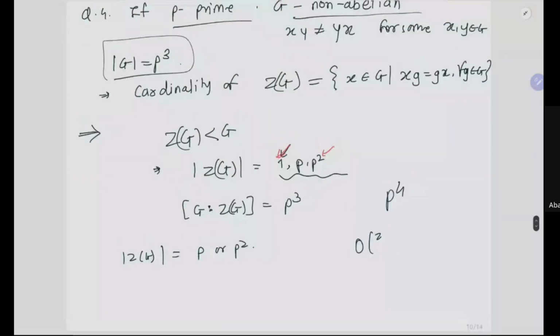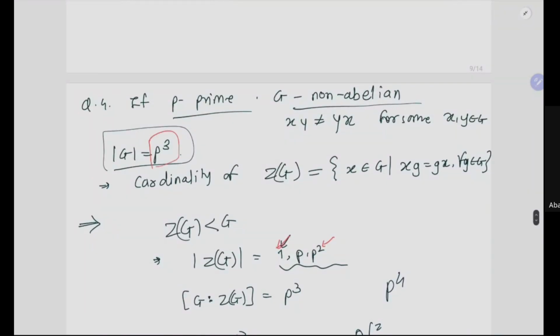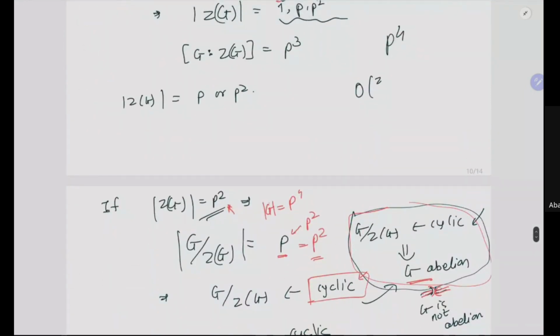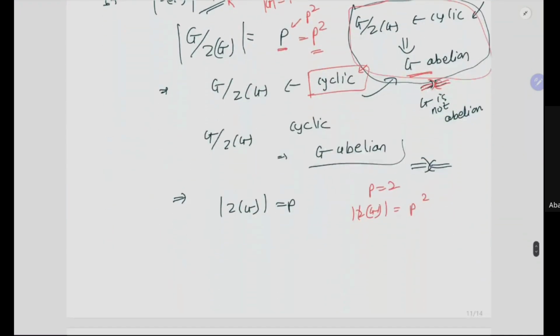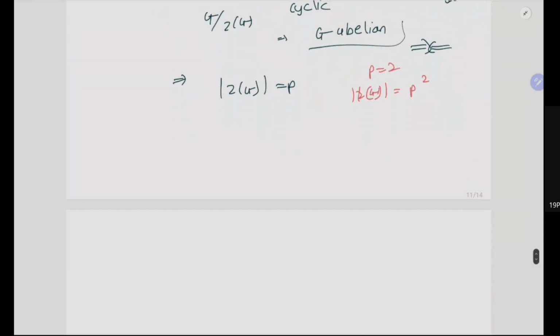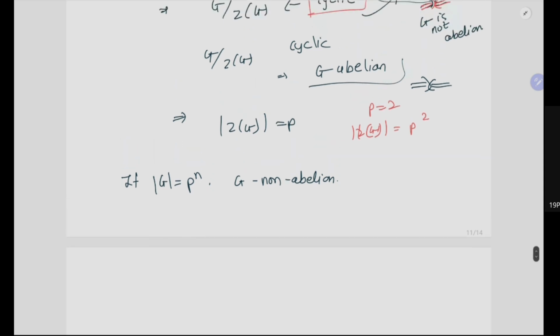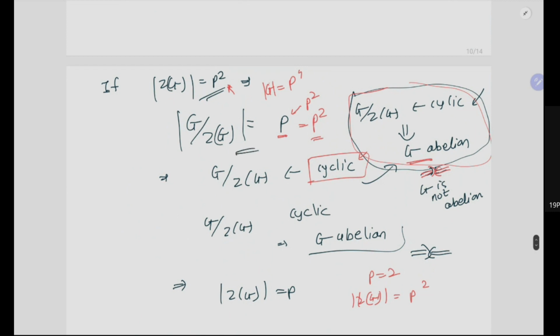This is only true for p cube, because we have to discard the possibilities of it being p square and so on. Then we can make a remark like this: if the group G is of order p power n and non-abelian, then we cannot have the center of G of order p power n minus 1.